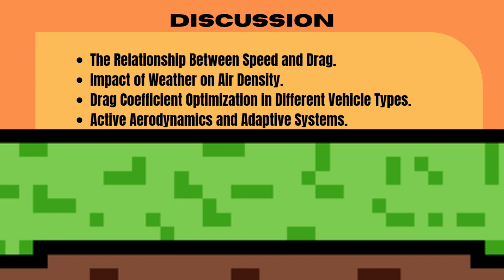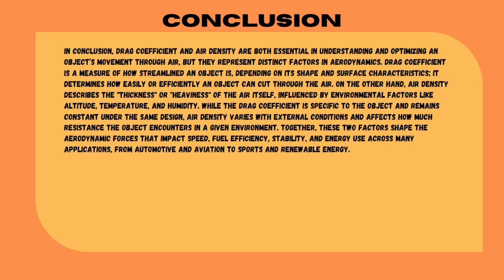And then we have adaptive cruise control. Vehicles with adaptive cruise control systems can adjust speed based on resistance detected, which directly optimizes fuel or battery usage.